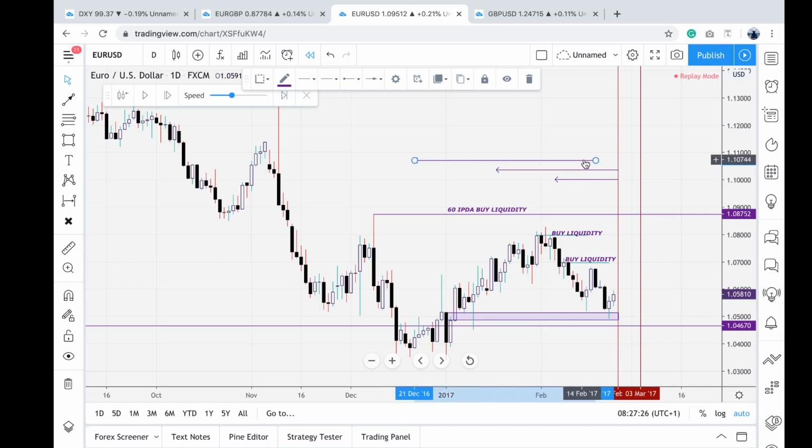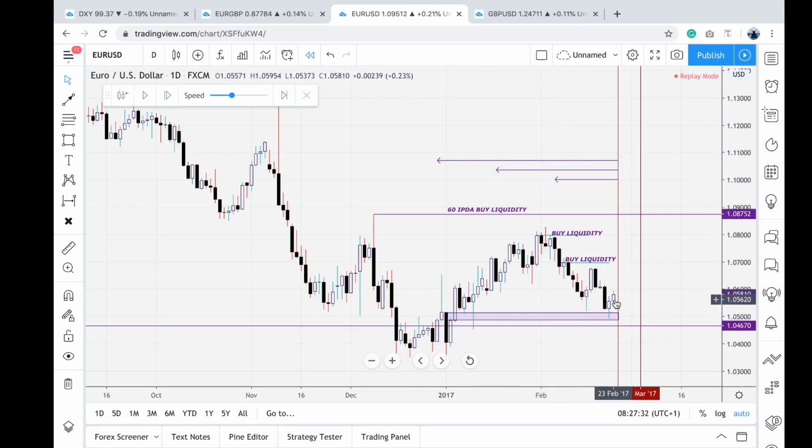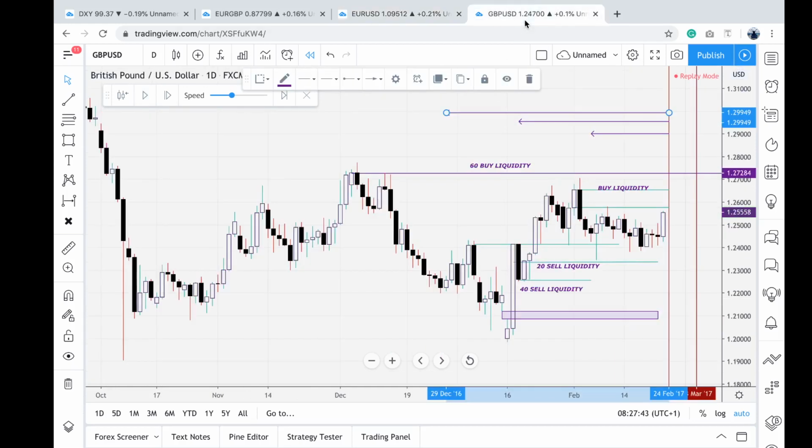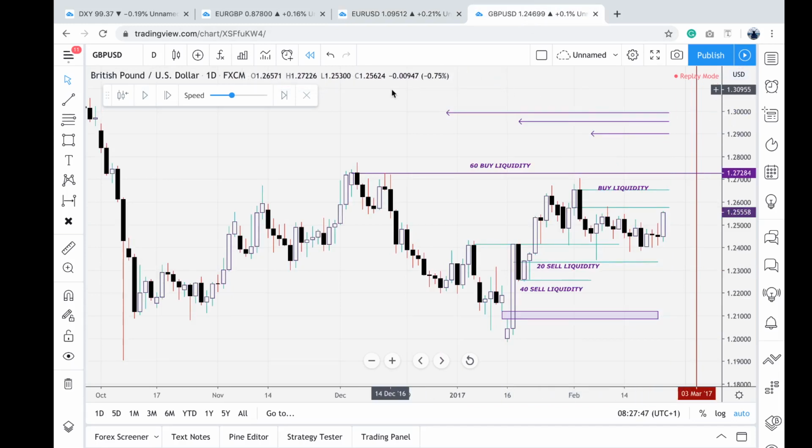Move our ranges to this price point. I think one more final week for the dollar. So we could remove this. On British Pound Dollar, we could remove this definitely.